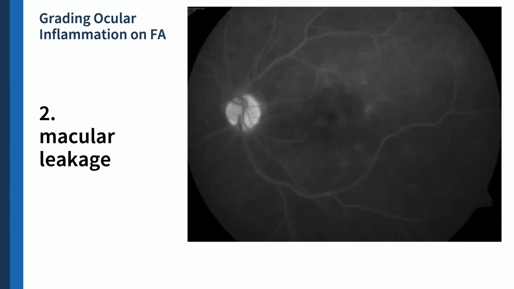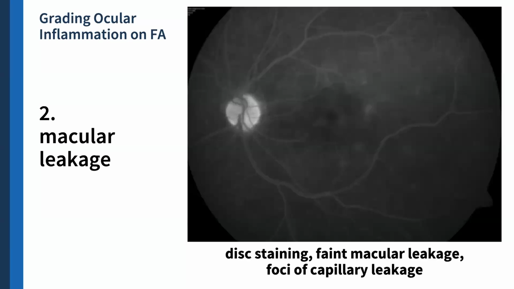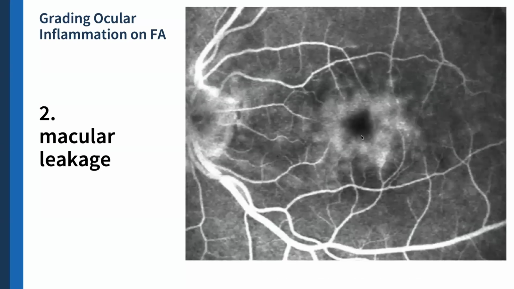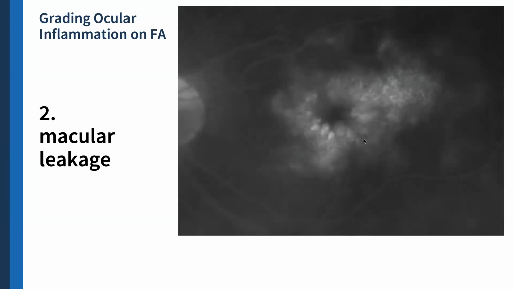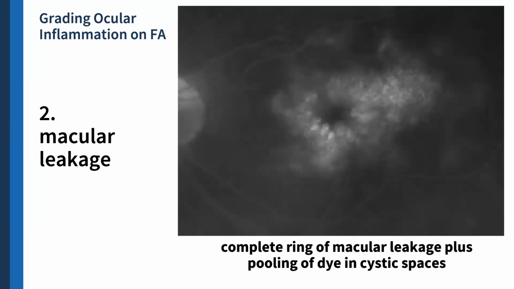And for inflammation, we actually grade that pa, whether it's faint, whether you have a complete ring of inflammation, whether you have a partial ring. So this is showing you a complete ring. You can also have a partial ring where there's just focal areas na there's leakage. And then the highest level would be if there is pooling forming a petaloid pattern.